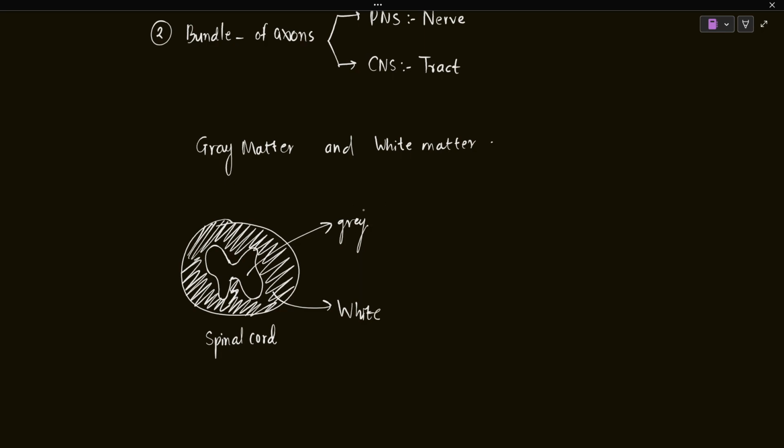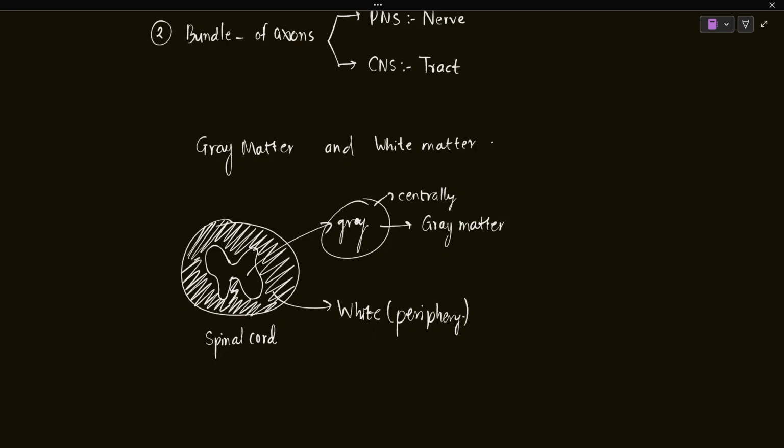This gray part is known as gray matter, and it is located centrally in the spinal cord, and the white part is located in the periphery of the spinal cord, that is called white matter.